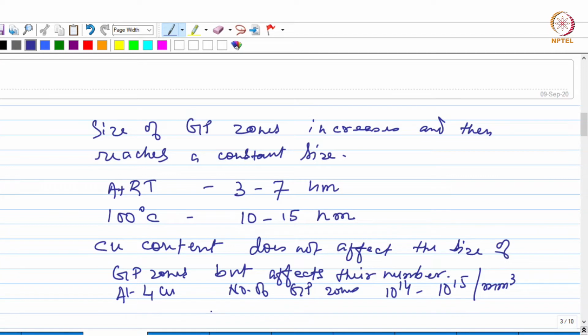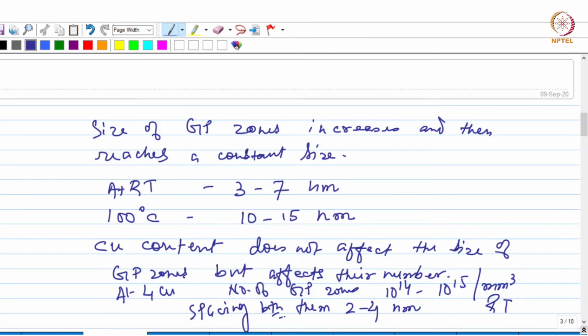And the spacing between them is of the order of 2 to 4 nanometer. And this is at room temperature.